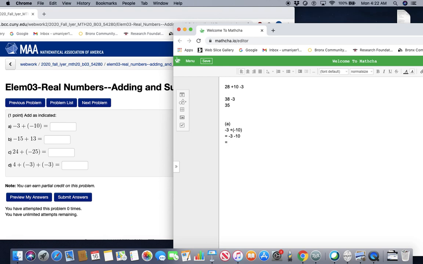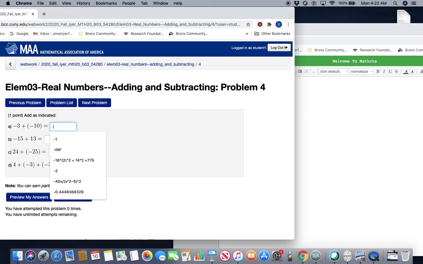That means you have gone negative 3 and negative 10. In all, negative 13. Next one.